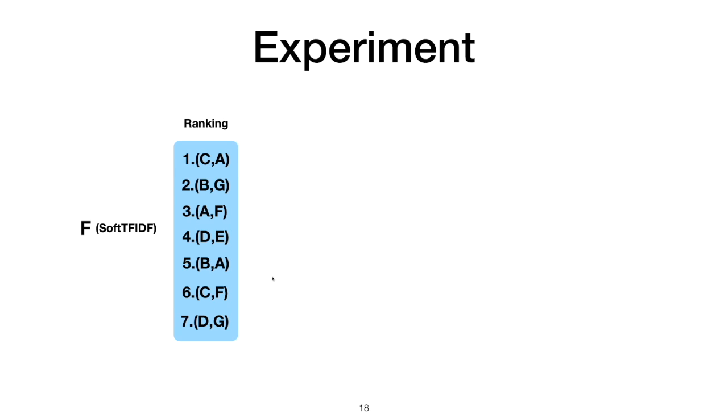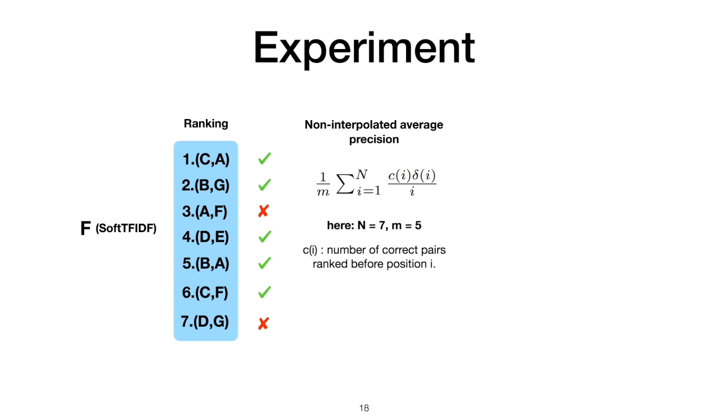So let's see the non-interpolated one first. After passing the candidate pairs to function f, we get them ranked with their scores, and we already have their labels to show they are matched or unmatched. The non-interpolated average precision is defined by the formula here.